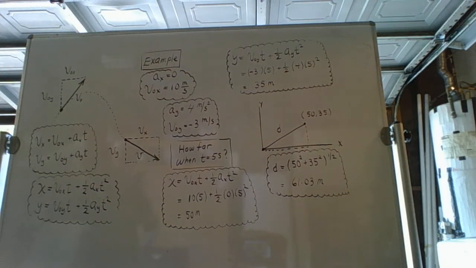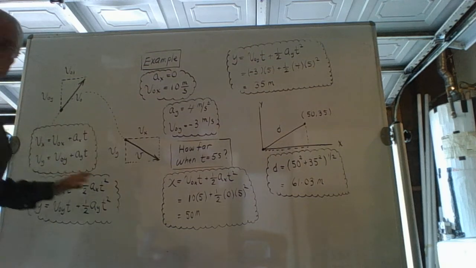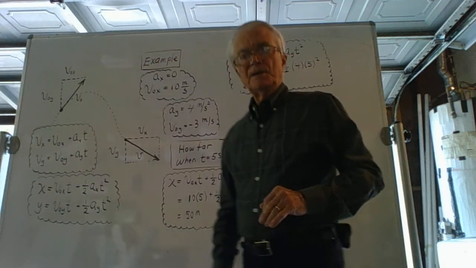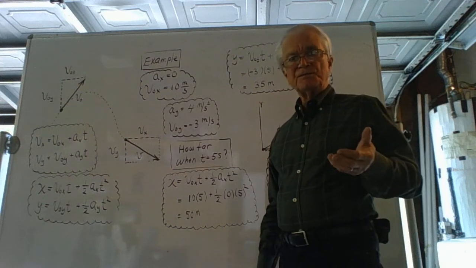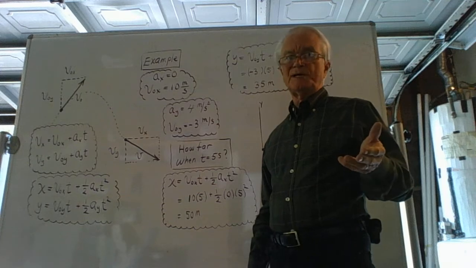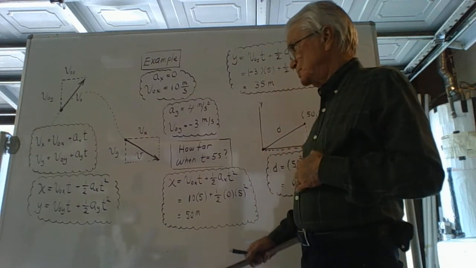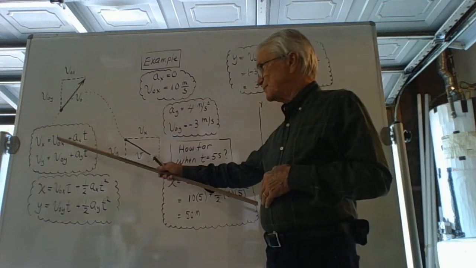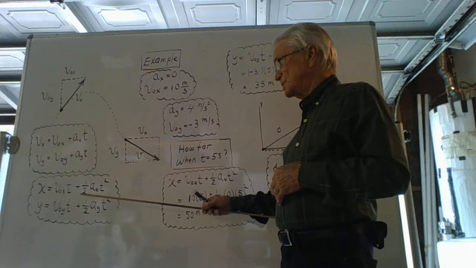Now the example I'll work next, and most of the problems that we'll work in this chapter, will put to use only a limited set of motion equations. In our previous discussion of vertical motion and horizontal motion, there were a list of 5 equations. I show you just 2 equations for each component of motion.